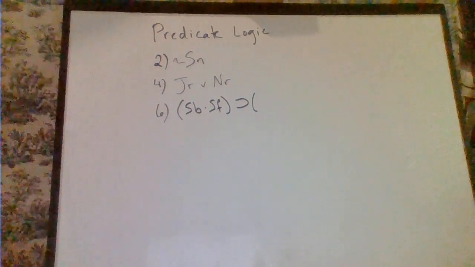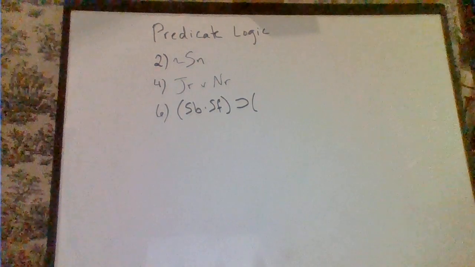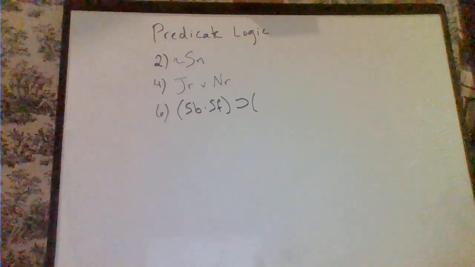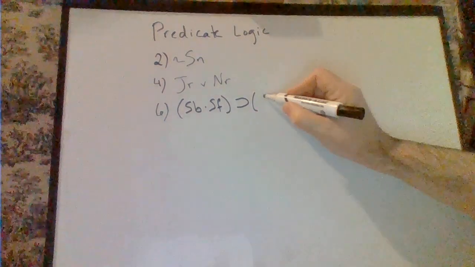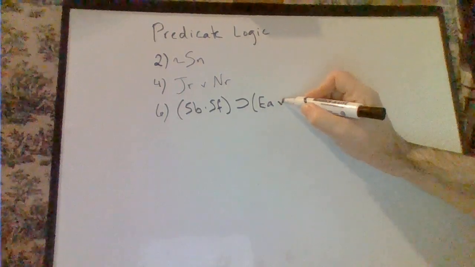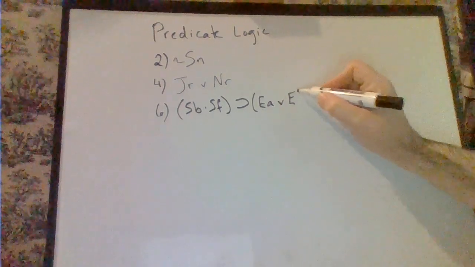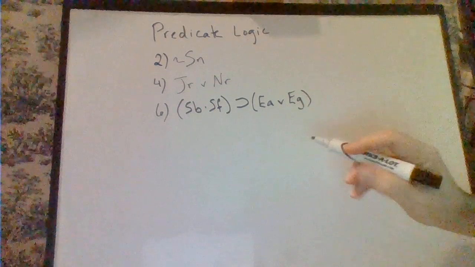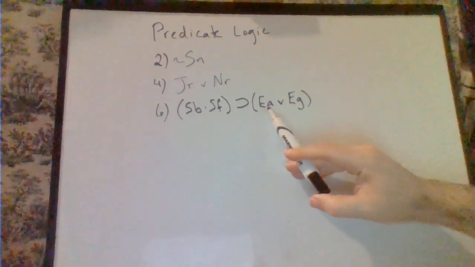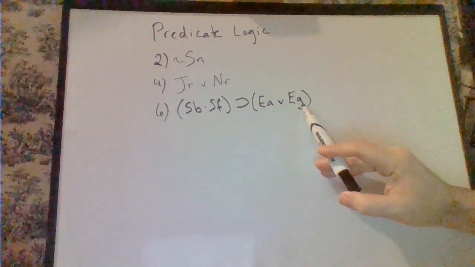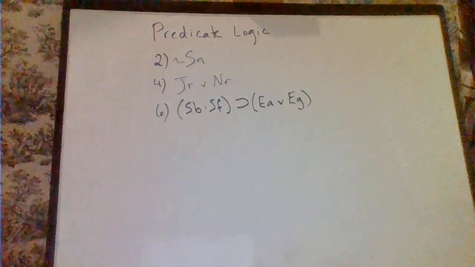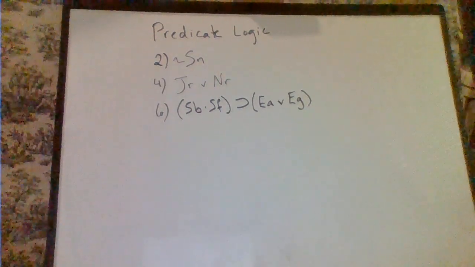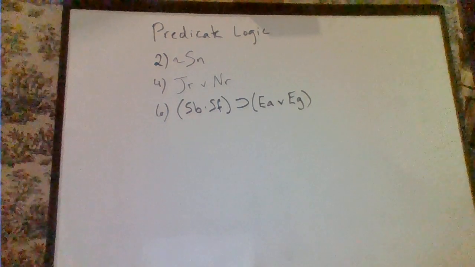It says Austria or Germany expand museum holdings. So that would be EA or EG. Okay. So Austria expands museum holdings or Germany expands museum holdings. So that would be number 6.